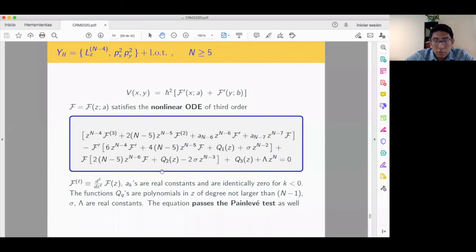And this third-order nonlinear ODE was checked to pass the Painlevé test for the examples we know, up to n equals 11. But we were not able to find the general solution to this equation. But the test can be done, so we obtain the resonances, everything, but not the solution.